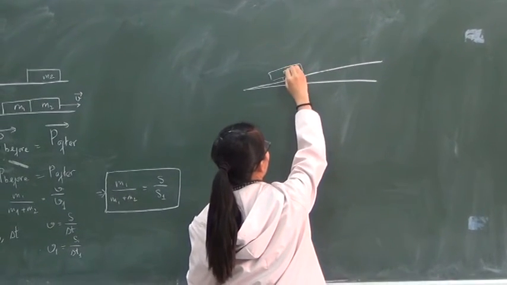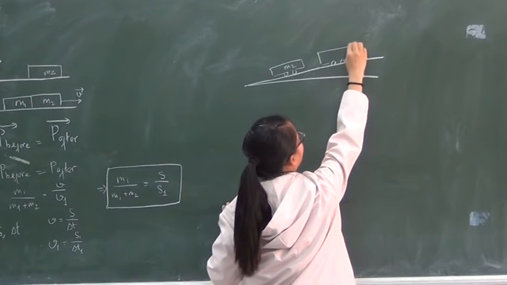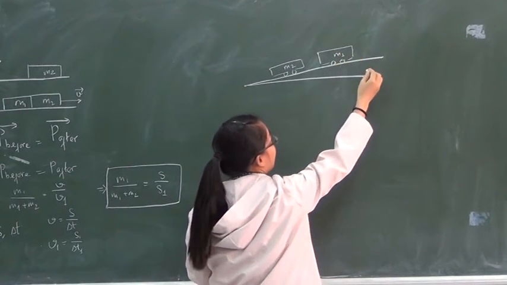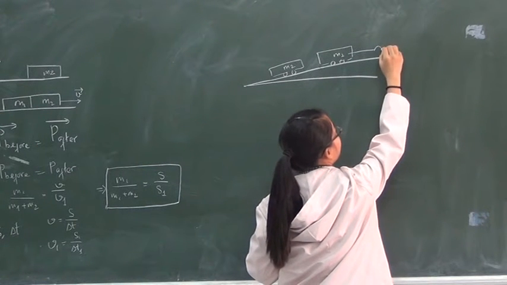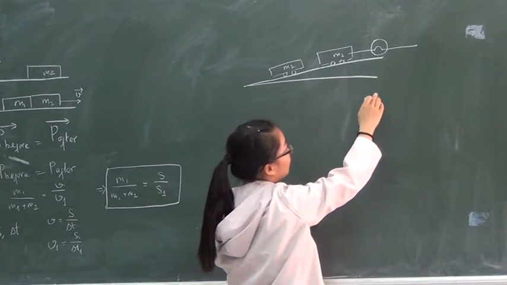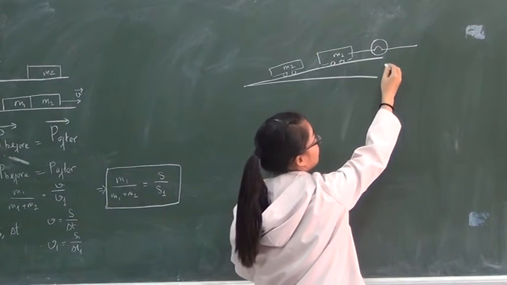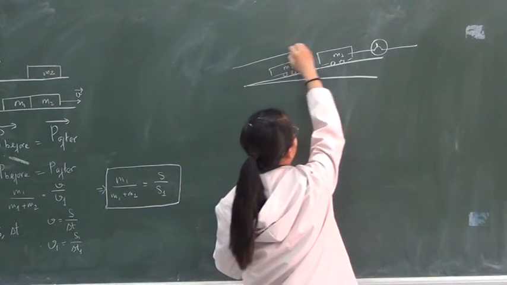This is m2, cart 2, and this is cart 1. Cart 1 will be connected with a soft paper tape. The soft paper tape can pass through the slot between the marker pen and the ruler.